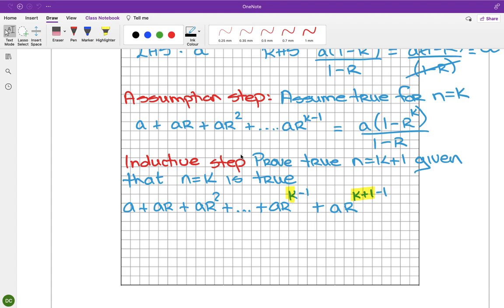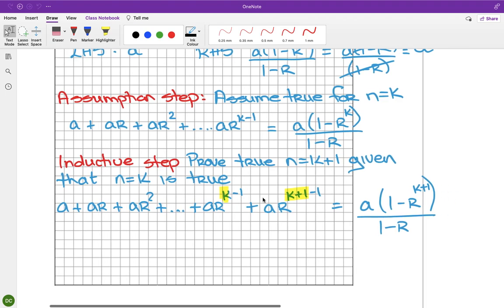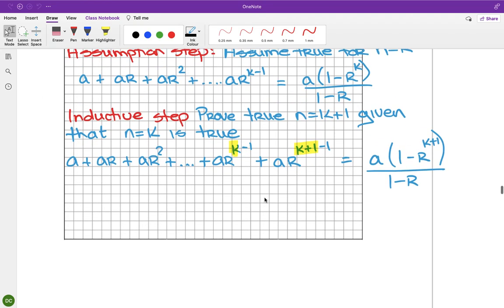Okay, and then same on the far side, so a times 1 minus r to the k plus 1 over 1 minus r. So we manipulate the left hand side using the assumption and make it equal the right hand side.